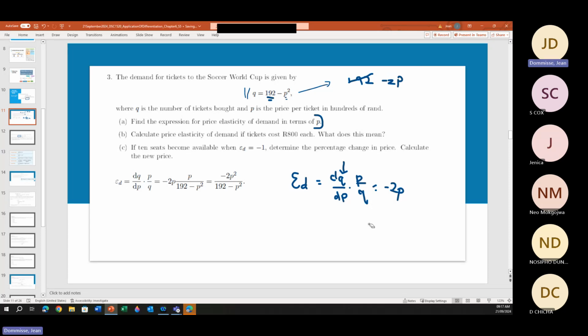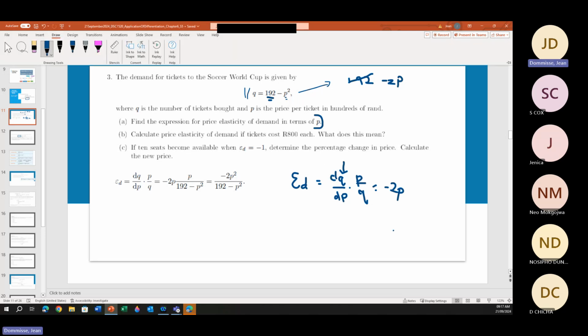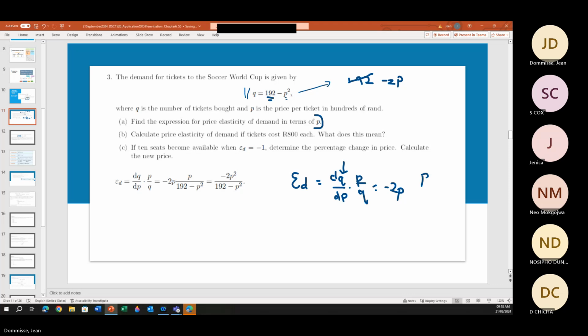That's why we have minus 2p, because of that differentiation. Then we need to rewrite this. So we've got p at the top, no problem with that. We've got q, and q's formula is 192 minus p to the power of 2.